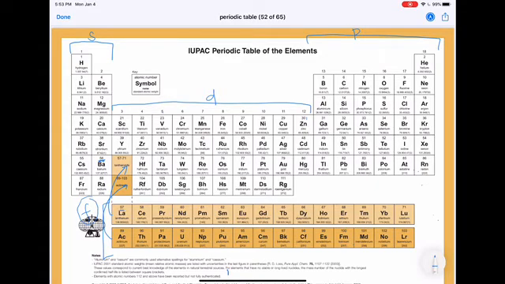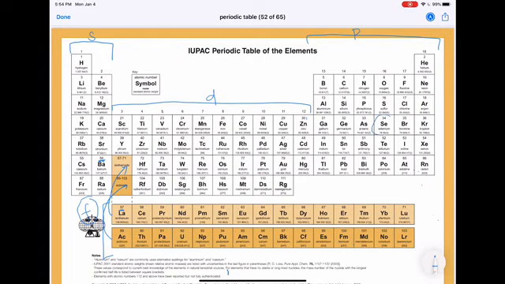F block is going to start at 57, okay? So I will give you a couple in the F block just to challenge you and make sure you know how to do them. But for the most part, our elements are not going to be in the F block, okay?